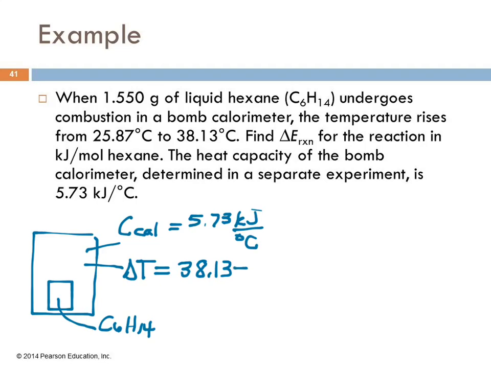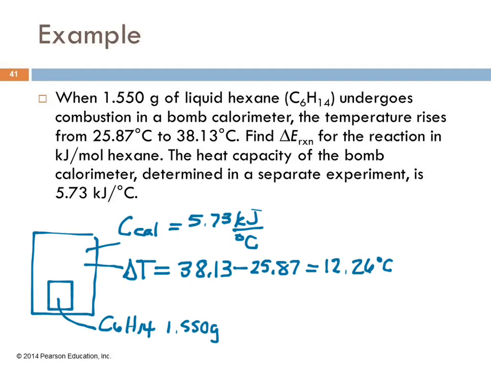The initial is 25.87. 38.13 minus 25.87 is 12.26 degrees Celsius. We're given a mass of the hexane, so maybe let's put that in there, 1.550 grams of that.